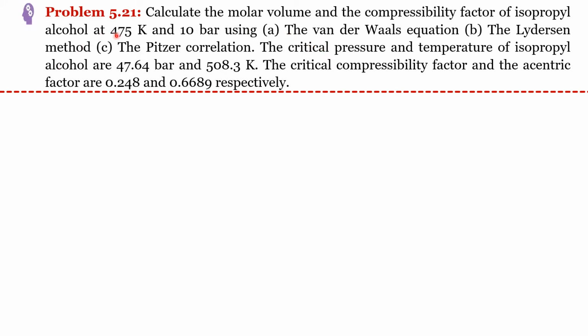Here temperature and pressure are given. First we write the van der Waals equation, then find the parameters A and B, then convert the equation in terms of molar volume and find the molar volume. Once the molar volume is estimated, we can estimate the compressibility factor.